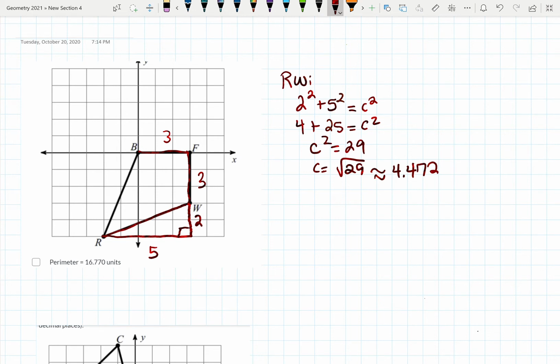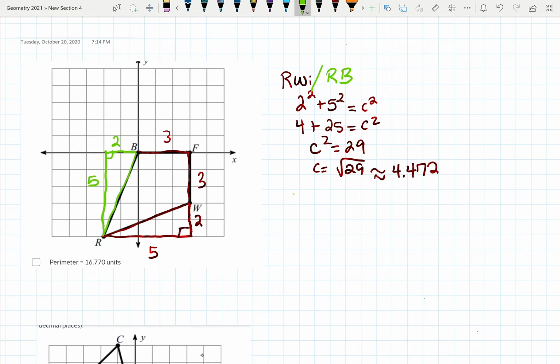Okay, and then I would need to draw a right triangle to find the length of RB. So the right triangle would be this right triangle. Okay, it's 2 and 5. That would give me the length of RB. Luckily, I already have that because this ends up being a kite with two pairs of consecutive congruent sides.